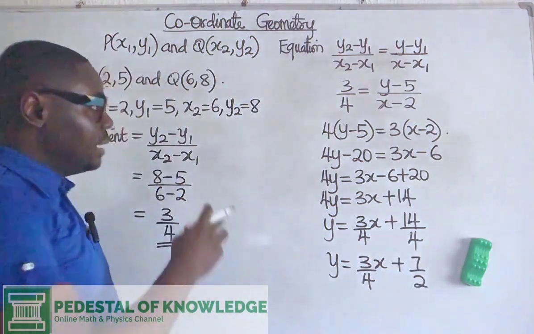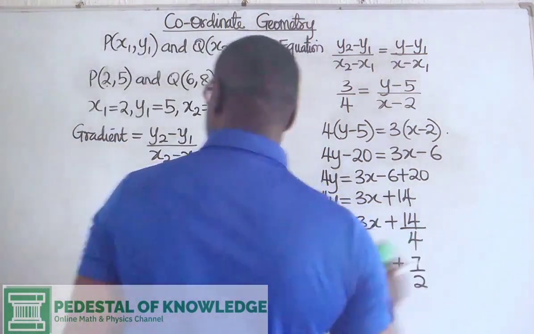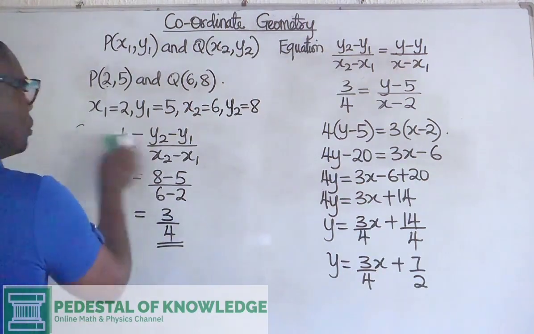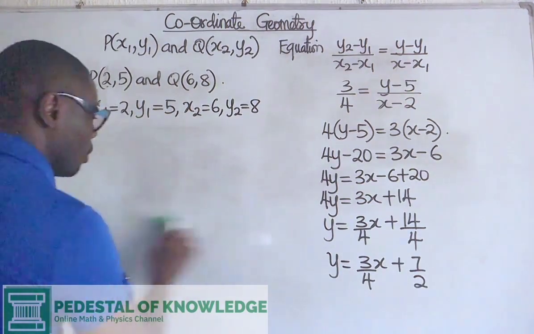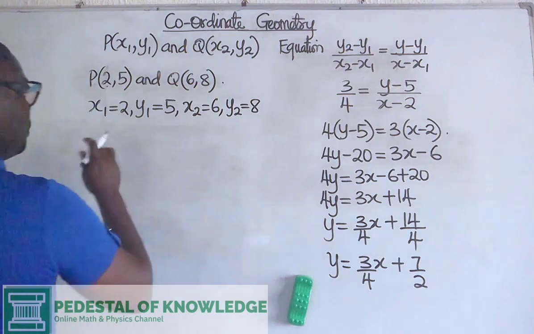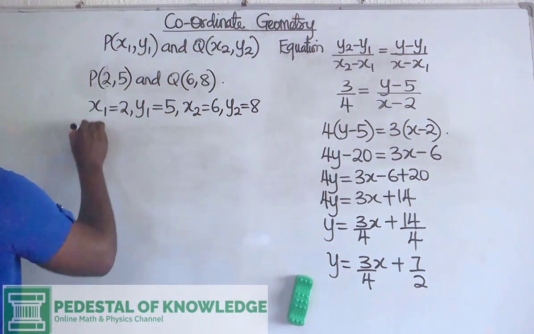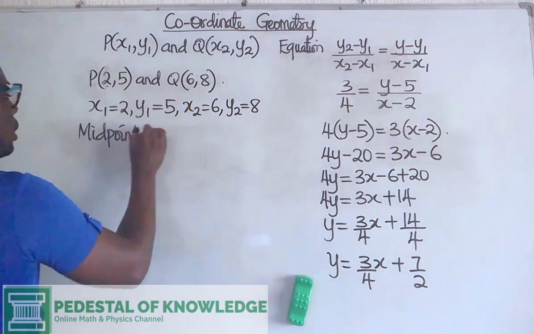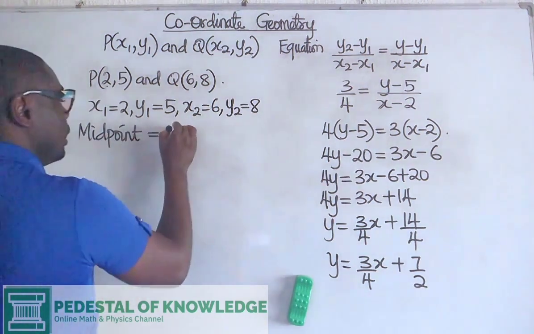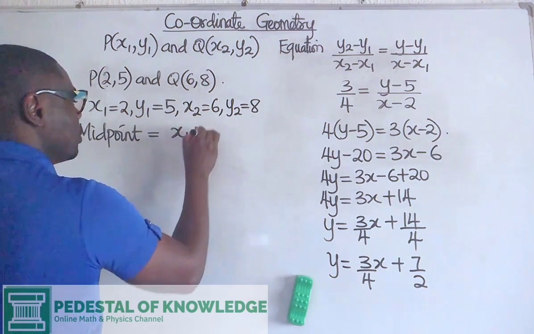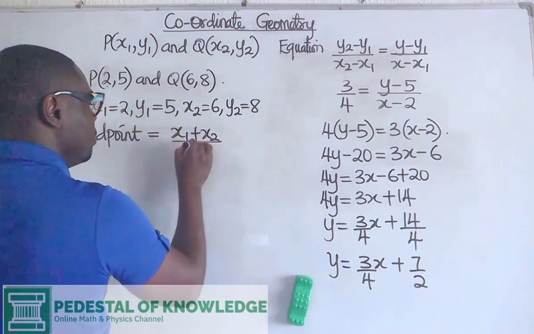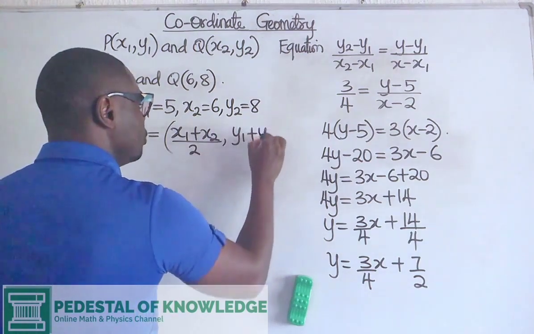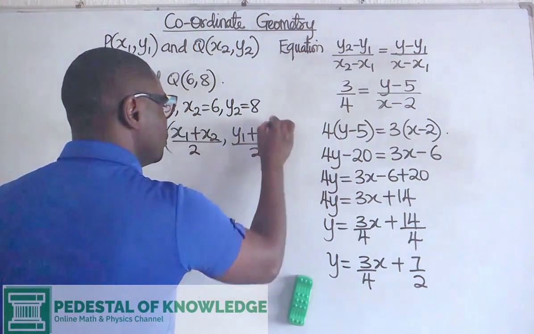All right. Now let's look at the next, which is the midpoint of the line joining P and Q. Now the midpoint, that is the center of the line PQ, is given by the formula (x1 plus x2) divided by 2, comma, (y1 plus y2) divided by 2.